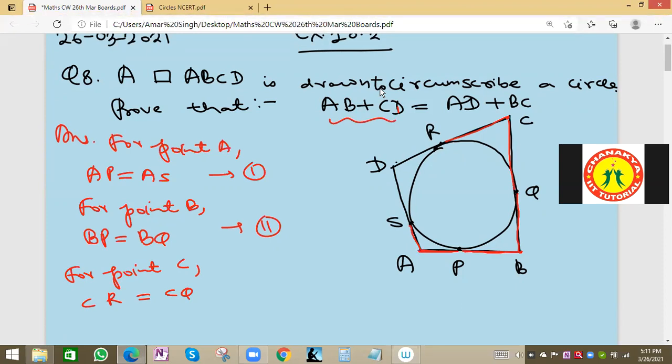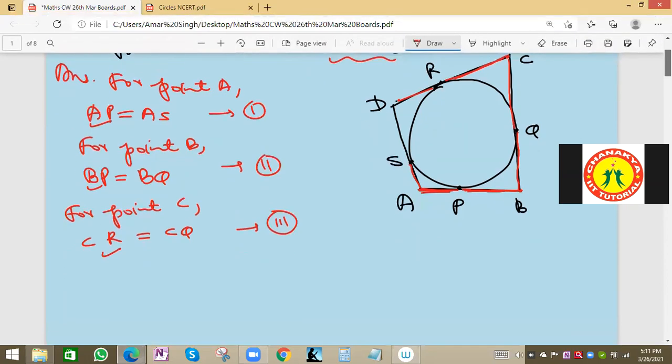In the left hand side we have AB plus CD, so AB will be AP plus PB. CD will come from CR and DR. So this is CR, and one more equation will come for DR. So for point D we can write the DR value, because CR plus DR will be CD.